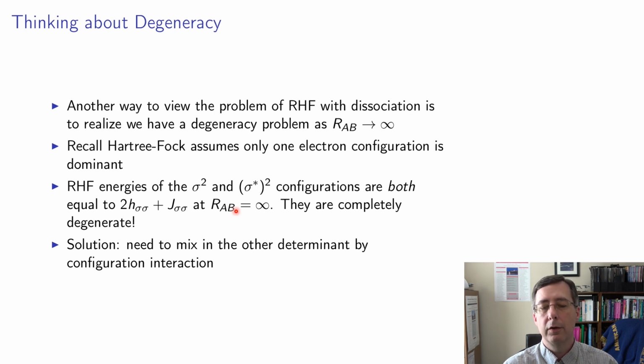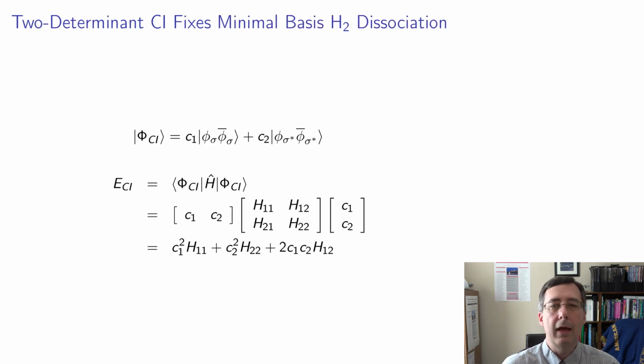So what I really ought to do is somehow mix these two determinants with each other and account for both of them. Do I have a way to do that? Well, sure. The simplest approach is configuration interaction, where I write the wave function as a linear combo of two determinants. I've got one determinant where I put both electrons in the sigma orbital. That's the one we talked about for RHF. And now I'll mix in a second determinant with some weight, C2, which puts both electrons in the sigma star configuration.